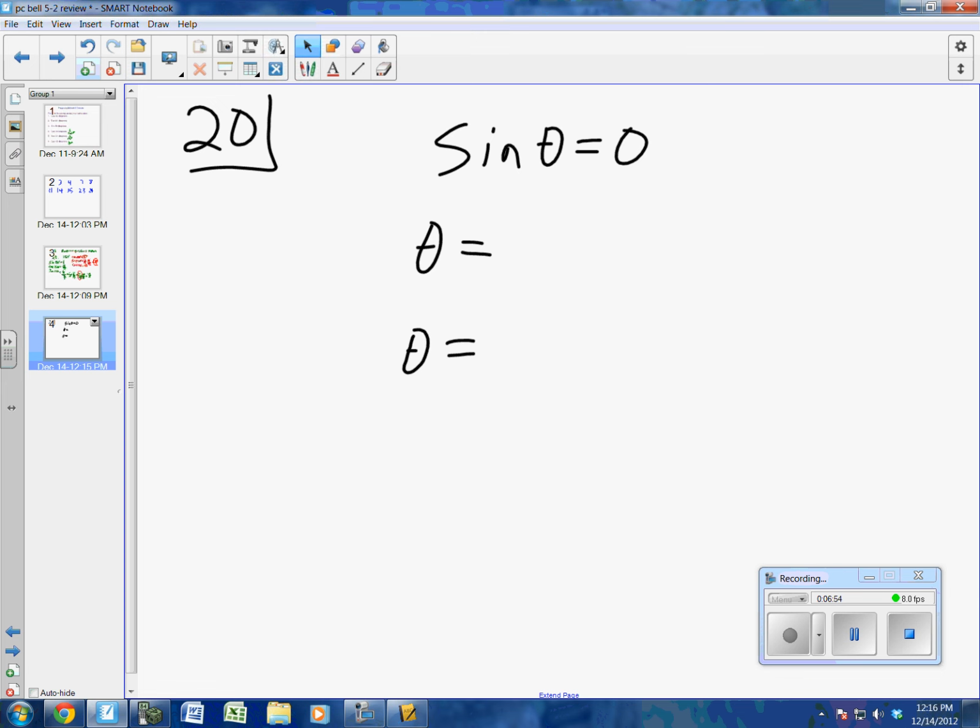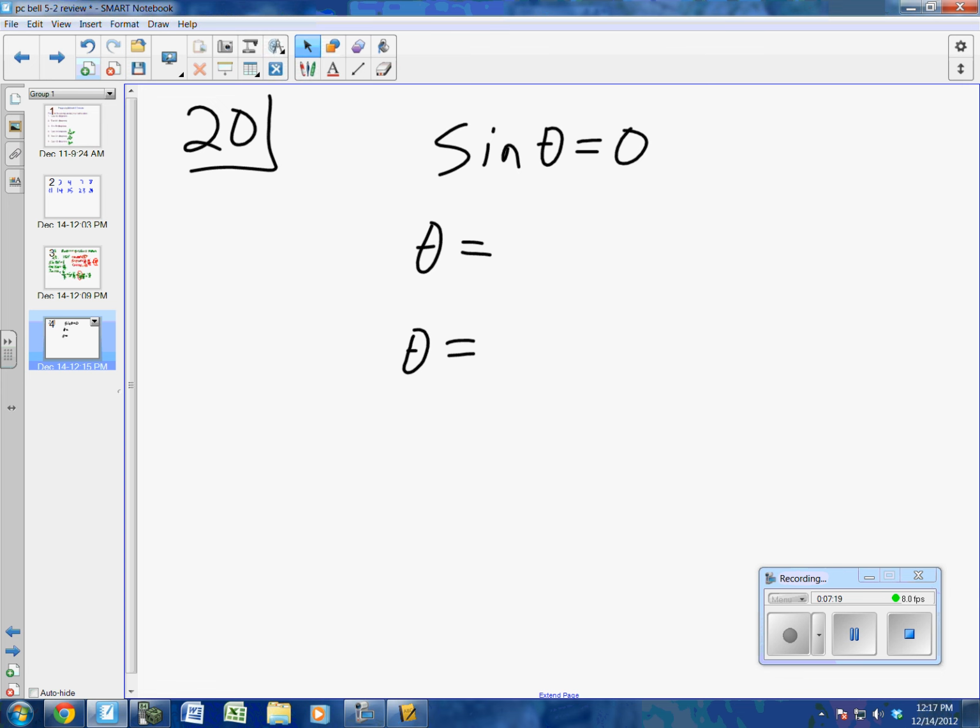Okay, so I want you to ask Sydney, where is the y coordinate on this thing equal to 0? What angle? Well, okay, do you know what an x and y coordinate are, right? This is an x coordinate, y coordinate, x coordinate, y coordinate, all the way around, right?